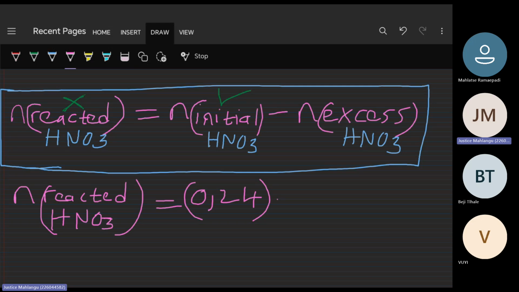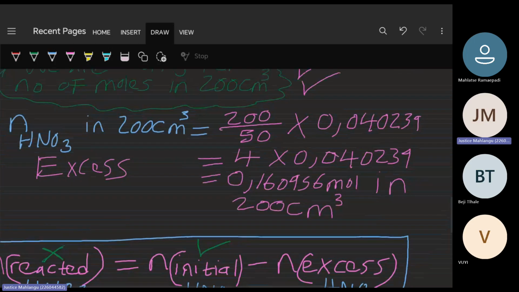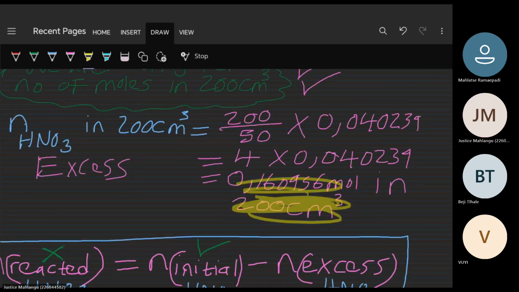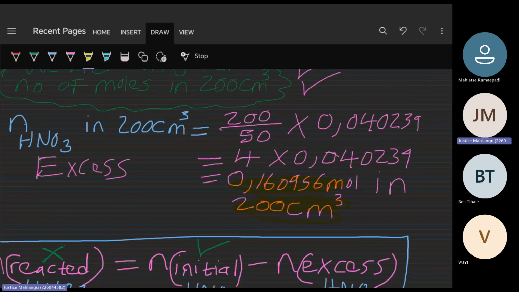Everything in this equation is happening in the first beaker, initially in 200 cubic centimeters. So the number of moles in excess, which ones? We calculated them, remember? These ones here are the number of moles in excess in 200 cubic centimeters.